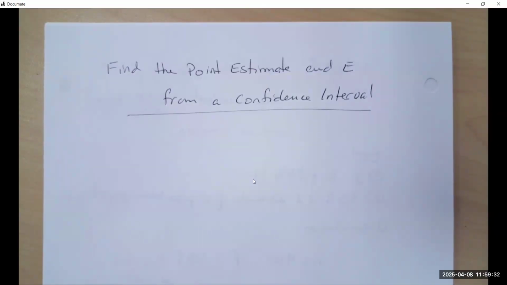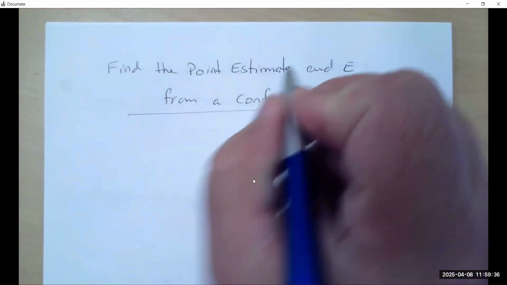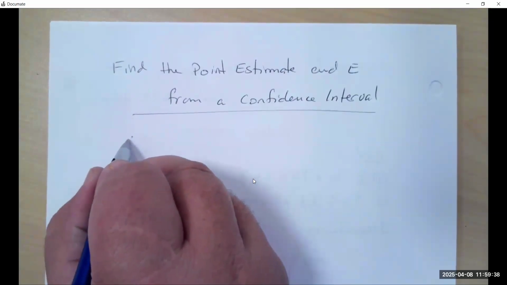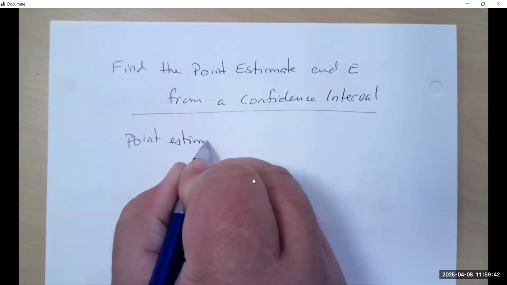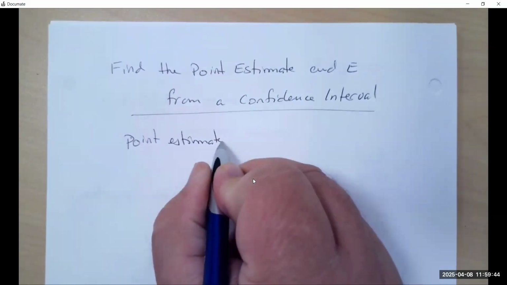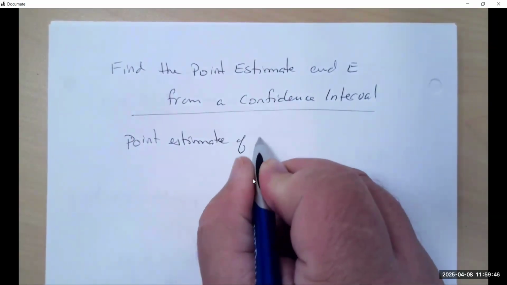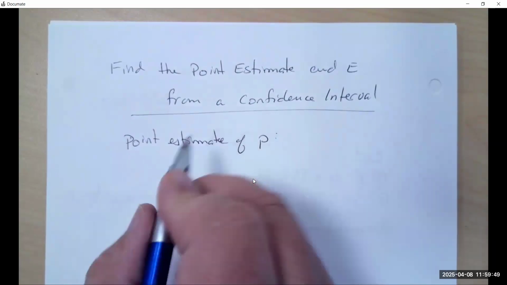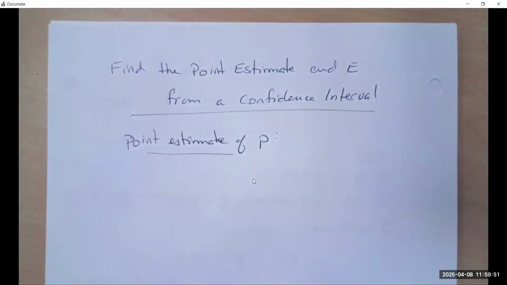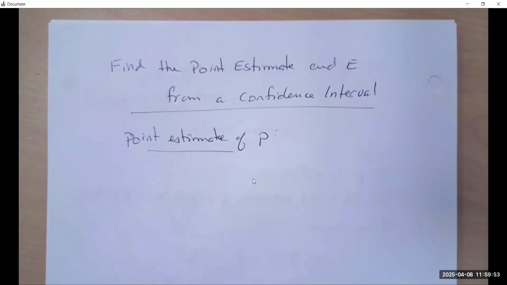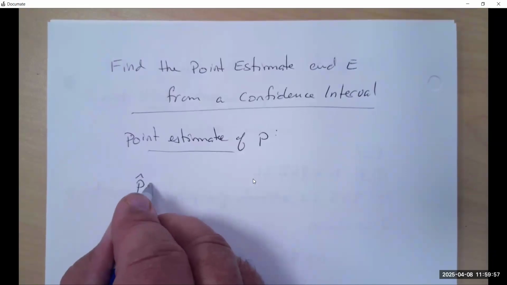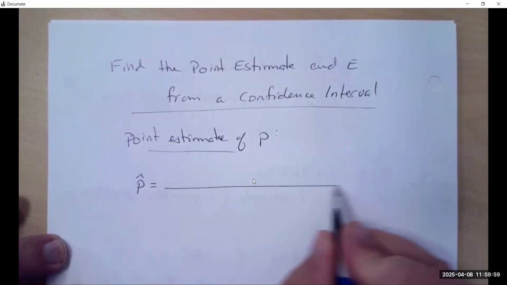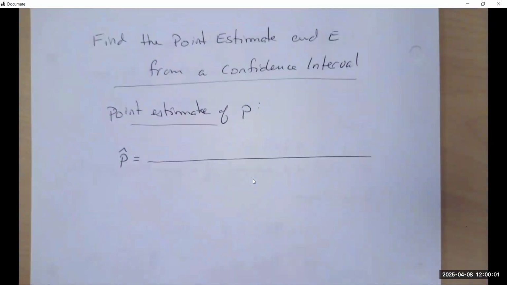So now we're going to work backwards. Remember the point estimate, that's our value P hat, the point estimate of our population proportion P.